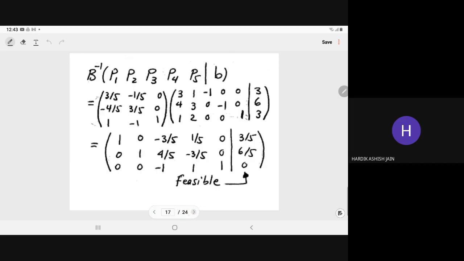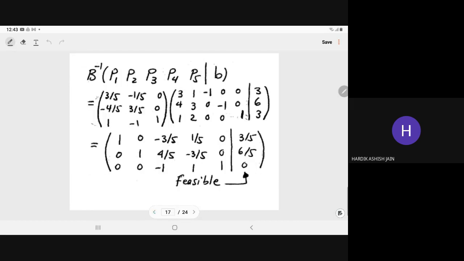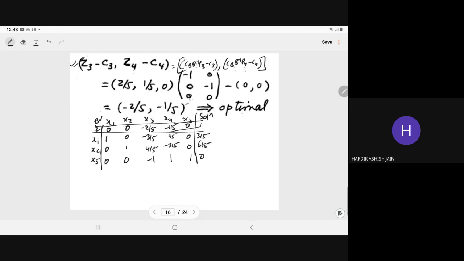And what is the right hand side? Solution is B inverse B. Solution is CB B inverse B. So CB B inverse B is 12 by 5. So here we write 12 by 5. So that is your complete table. So what is the advantage? For writing any table, you do not have to start from the initial table.